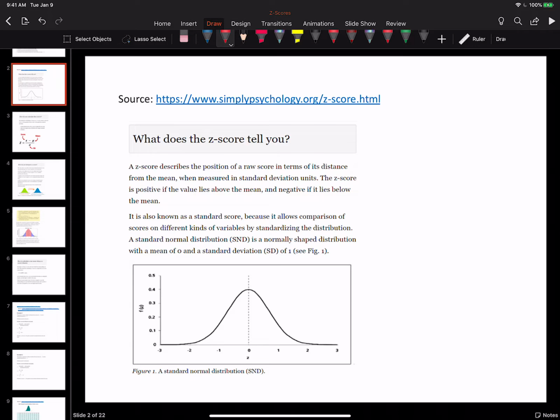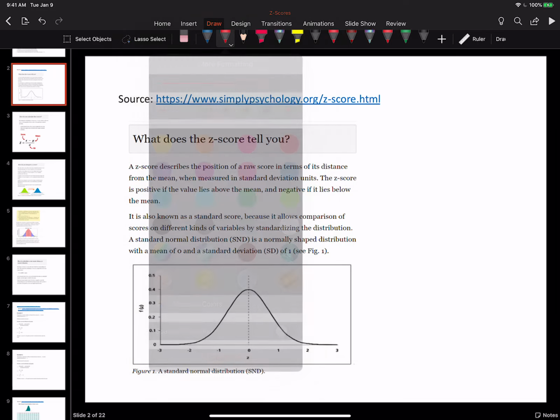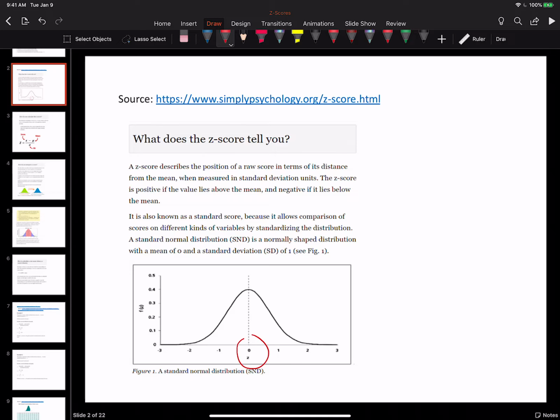So you can see the graph right here. The graph is called SND, Standard Normal Distribution. The z-score in the middle is located here. Z equals 0 means the average.